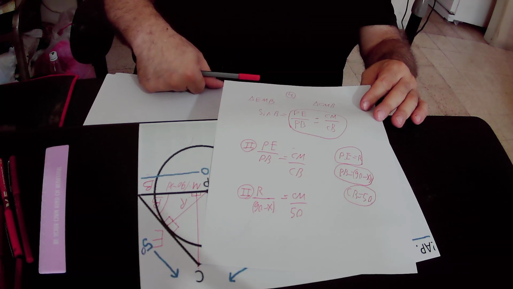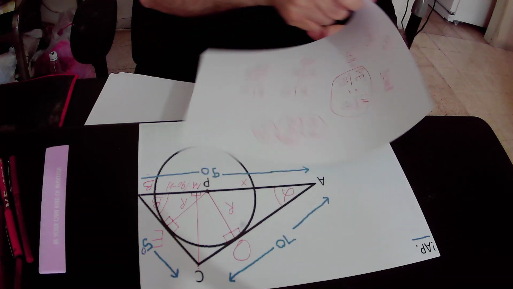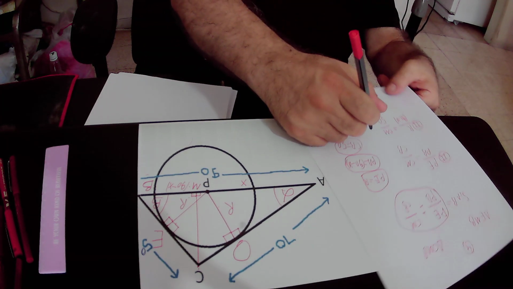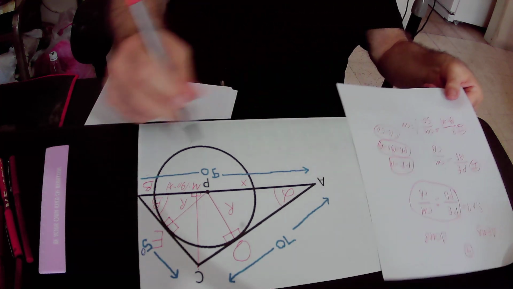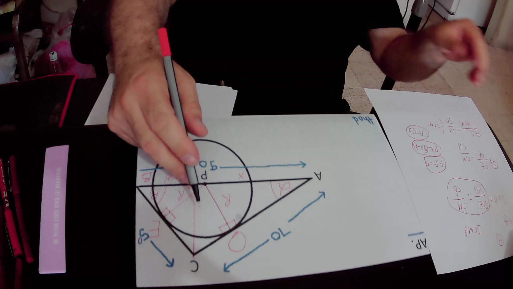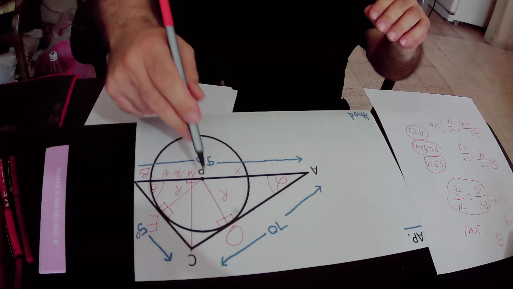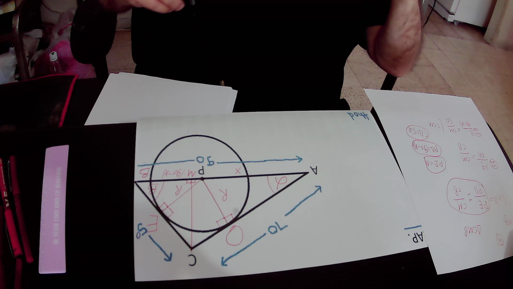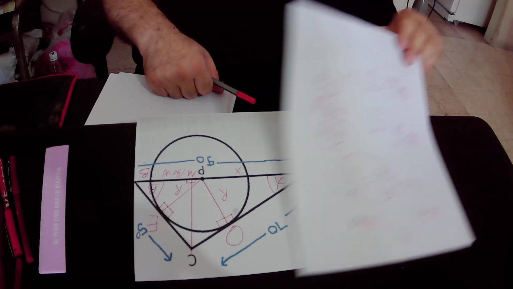Now we'll divide both sides of the equation by CM. It is allowable to divide both sides by CM because CM is the perpendicular to AB, and it is a positive number, it can never be 0. Okay?